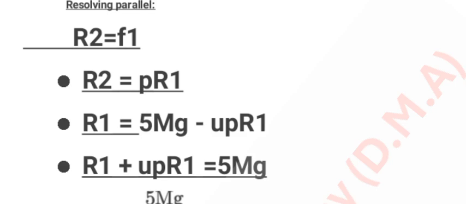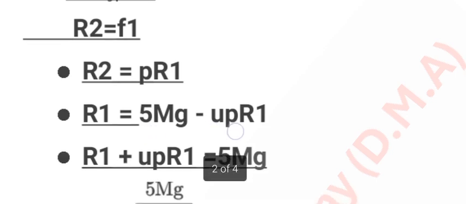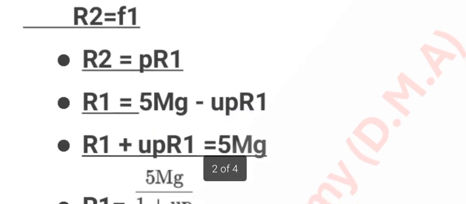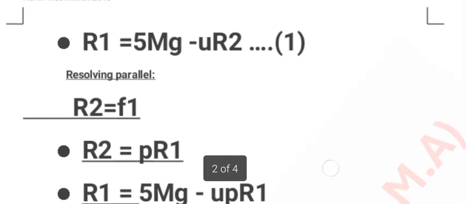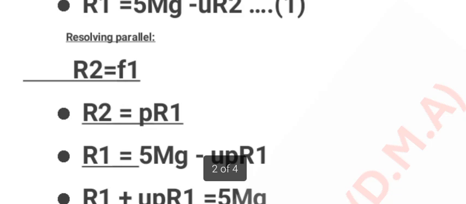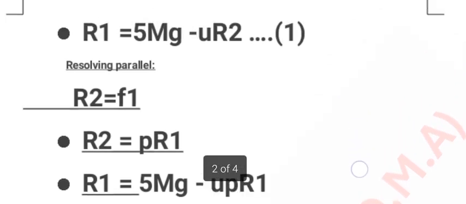From there you realize that R1 will be equal to 5mg minus upR1. From equation 1, we had that R1 was equal to 5mg minus uR2. But we have been told that R2 is equal to pR1. So when you replace R2 with pR1, you have a negative upR1.